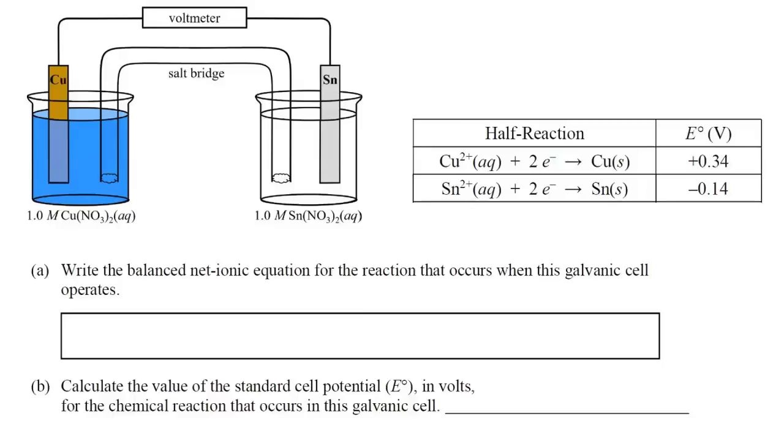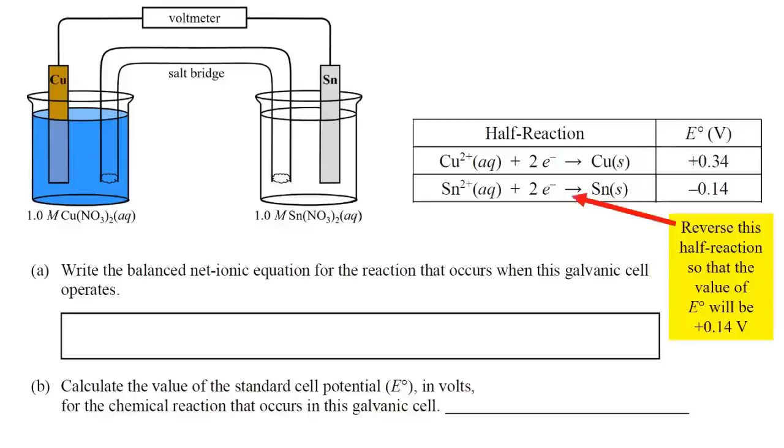If I reverse the copper half reaction, then positive 0.34 will change to negative 0.34, and negative 0.34 plus negative 0.14 is not going to give me a positive value overall. So I can tell that I'm going to need to reverse the tin half reaction. So negative 0.14 will become positive 0.14.